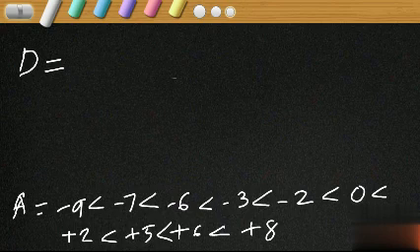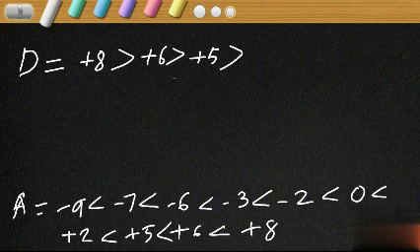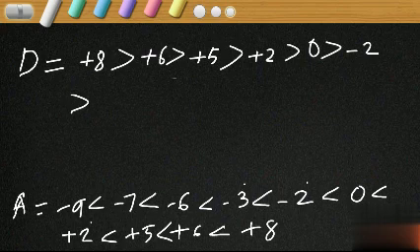So write down. Let's start with +8, greater than. Next comes +6, greater than. Then +5, greater than. Then +2, greater than. 0, greater than -2, isn't it? Then comes -3, greater than.